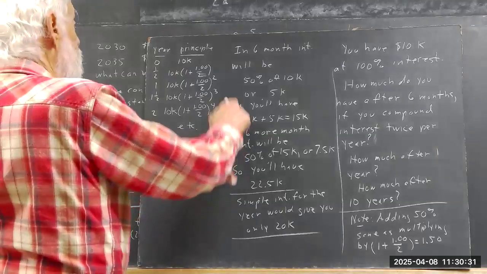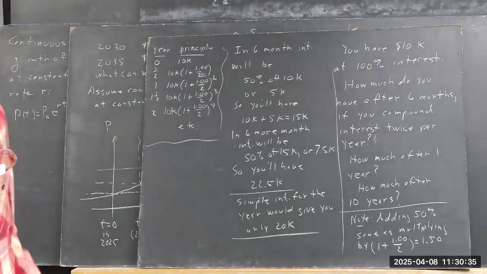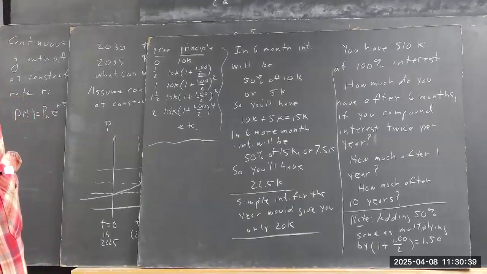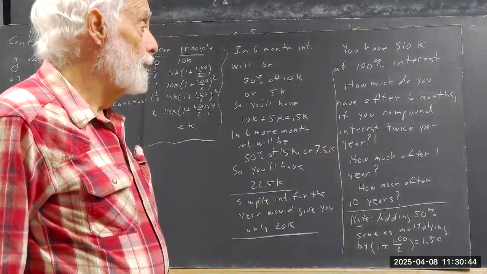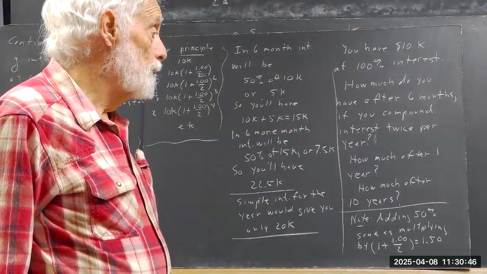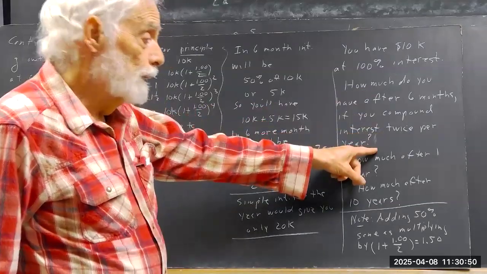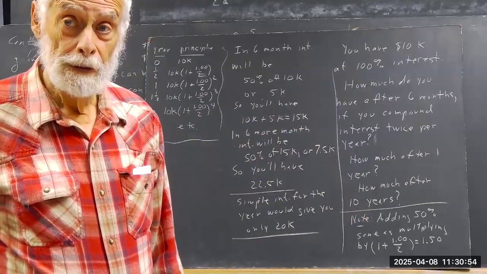Now, I developed that in a lot of detail in the MDE class. But you understand that in this example, you just say, if I'm compounding twice a year, that means I get 50% every 6 months, right?